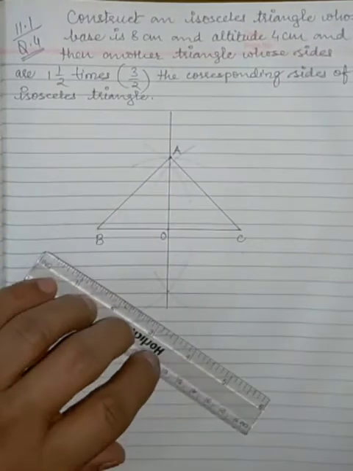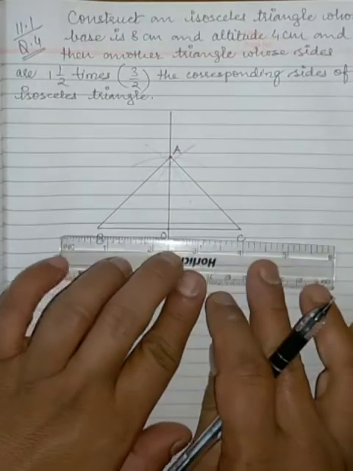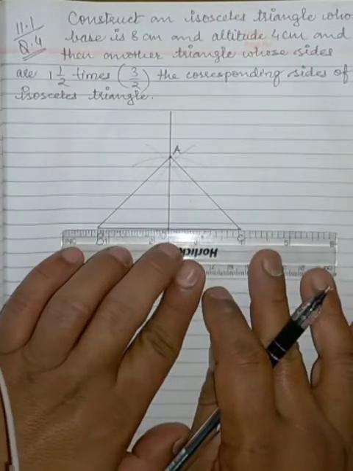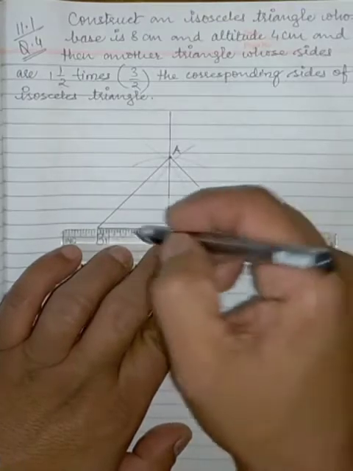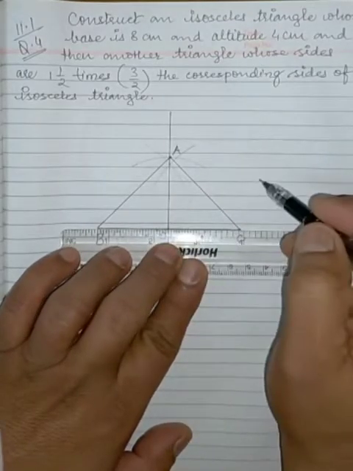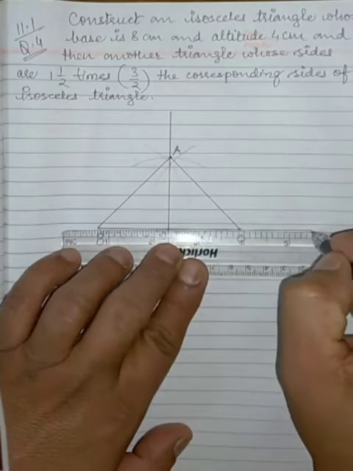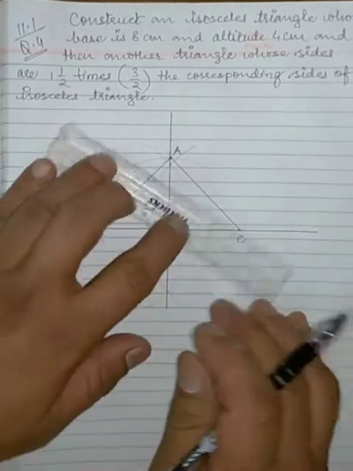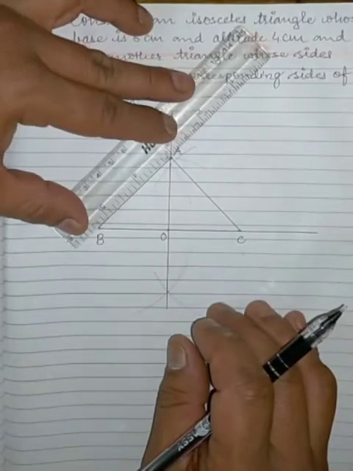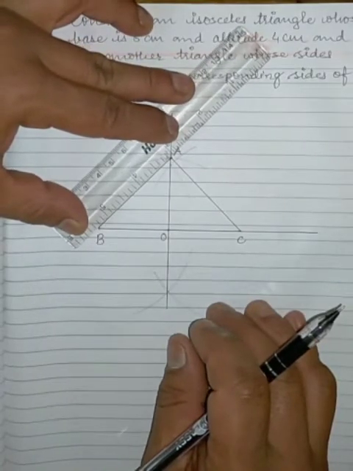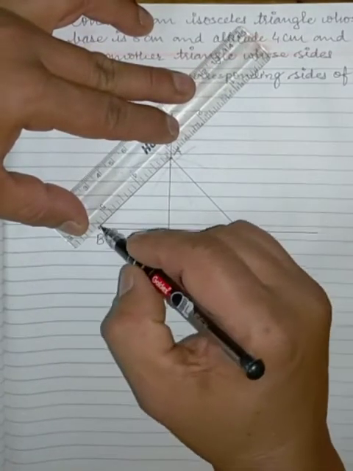So for this, we will extend the base a little bit and side AB in the direction of A.